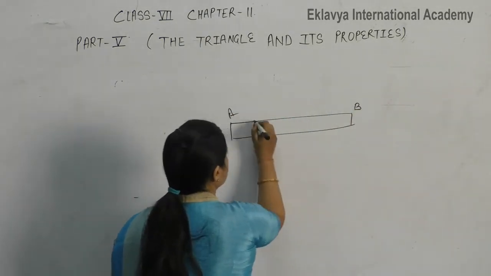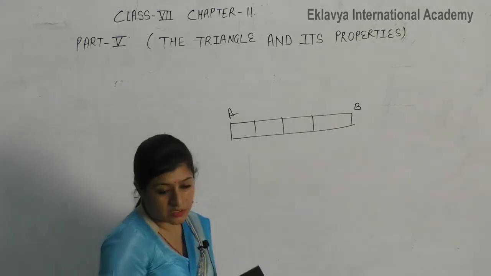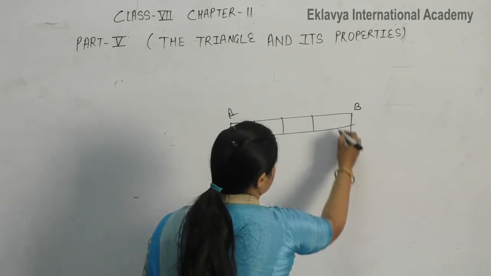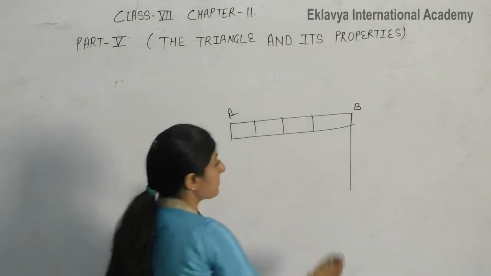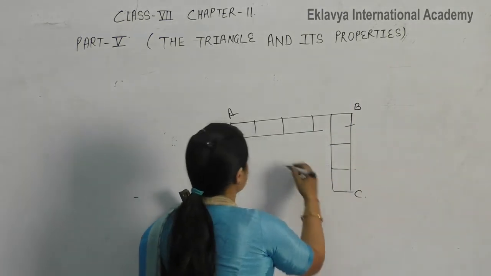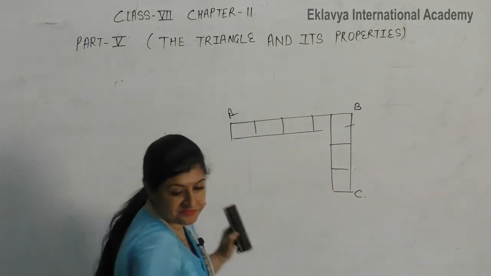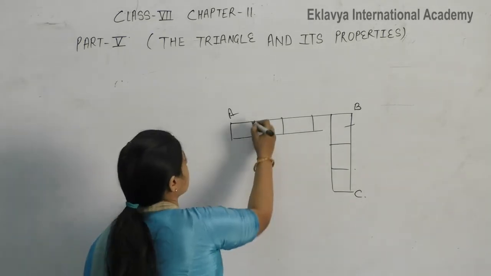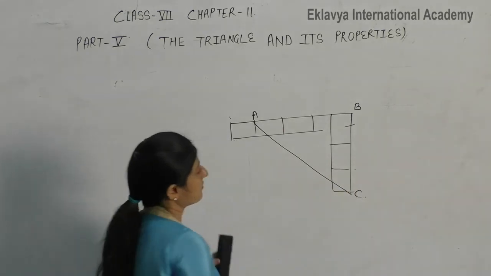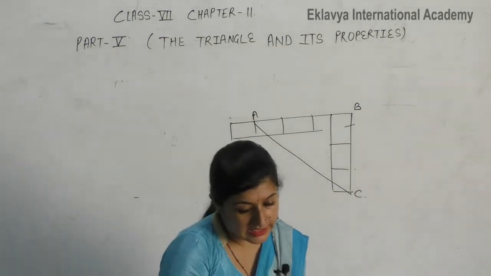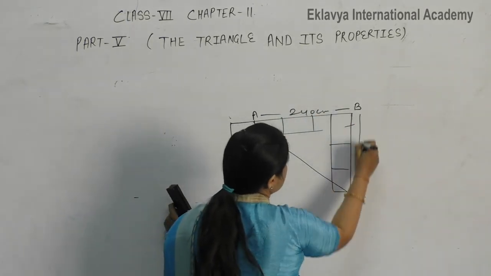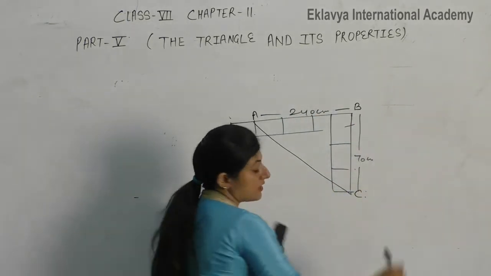A, B, there are 4 blocks. It is given to you that AB is 240 centimeter and this one is 70 centimeter.